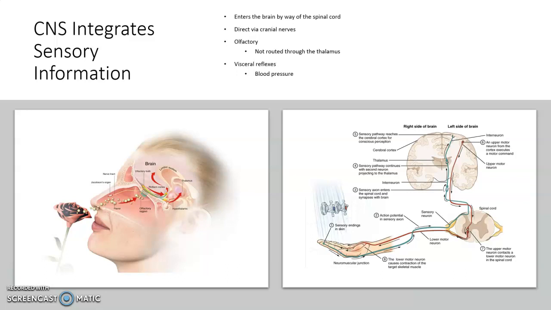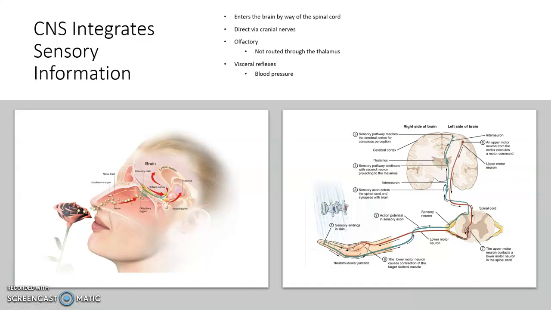They can go direct through cranial nerves, like in the case of the sense of smell, which I have pictured here. That is one of the only processes that does not go through the thalamus. It can be autonomic processes, like visceral reflexes or changes in our blood pressure.